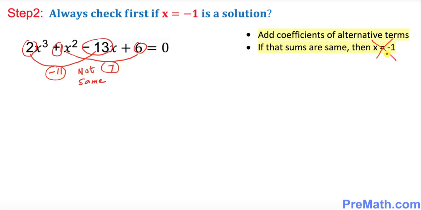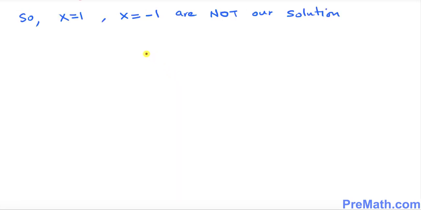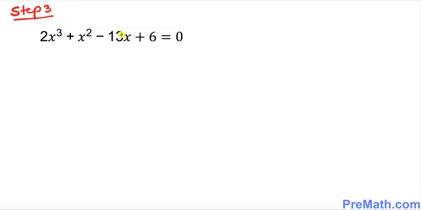So we ruled out x equals negative 1 as well. We have found that x equals 1 and x equals negative 1 are not our solutions, and now we're going to look for other possible solutions.